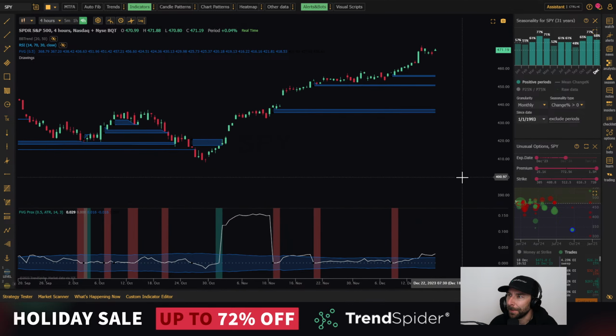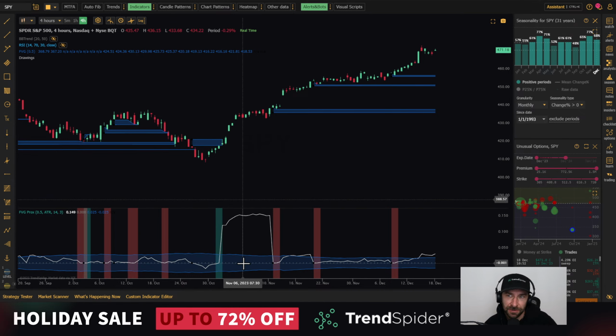So essentially what we're seeing here is price's distance to the nearest fair value gap. That's in the form of this white line. The nearest fair value gap is always denoted by this little dotted line here. Wherever the white line is relative to the dotted line is price relative to the nearest fair value gap or regular gap or order block.